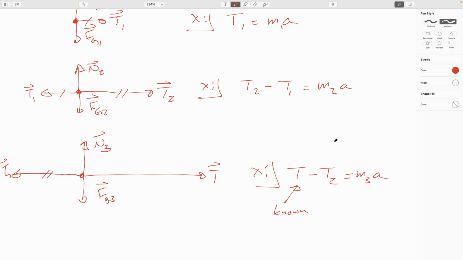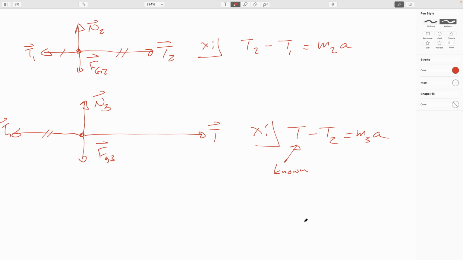Now, the way that this one isn't horrible to do, but the way you would probably go ahead and solve this one would be to take the second of these equations and solve it for T2 to get T1 plus M2A.